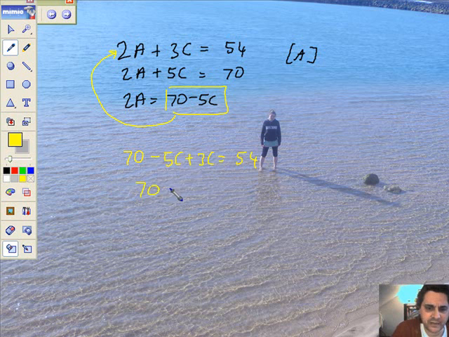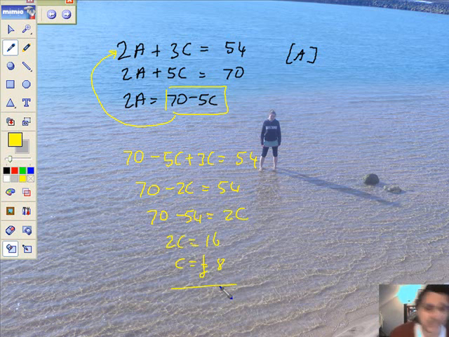What have I got? I've got 70 minus 2C equals 54. So 70 take away 54 is the price of 2 children's tickets. So 2 children's tickets cost £16, so a single child's ticket is £8.